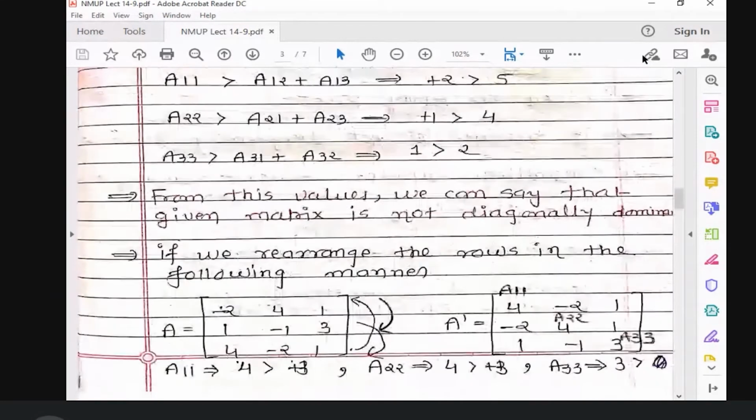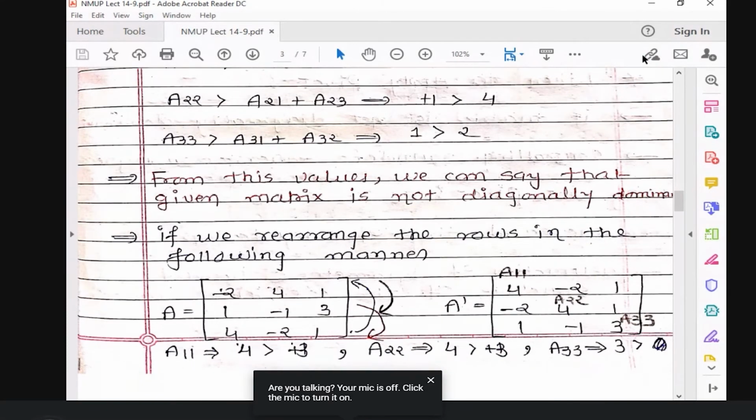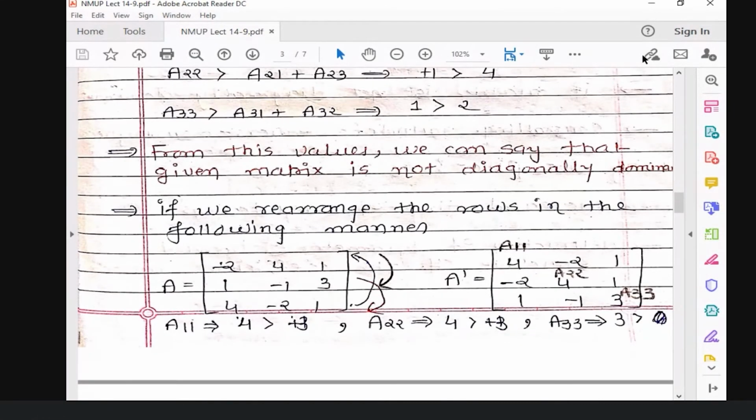This one is my original matrix. Over here, I'm keeping the third row as the first one. So 4, minus 2 and 1. This one is my new matrix A dash. Is it visible to you? Okay.